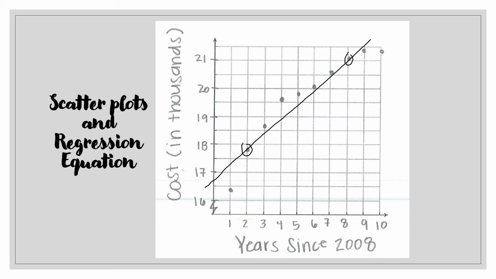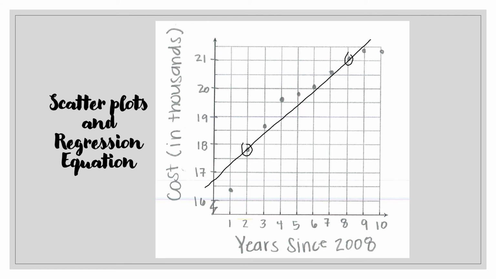Okay, so now how do I create the equation for that line of best fit? Well, first I would need the slope. It's a linear function, so we're going to write it as y equals mx plus b. So to get the slope, we need the change in y over the change in x. So again, in ALEKS, you're going to have to approximate where these 2 points are. So if you're off a little bit, it's totally fine. We have the table here.